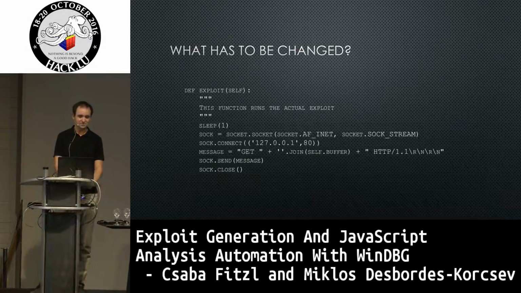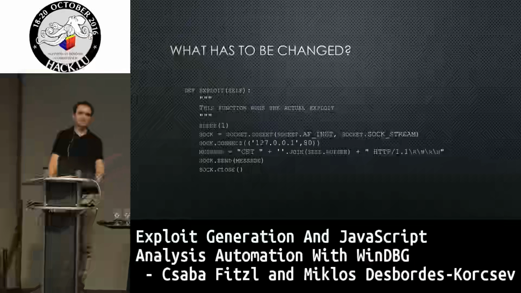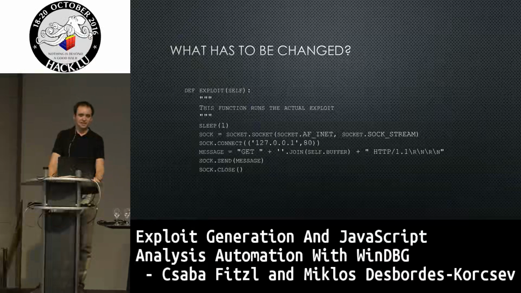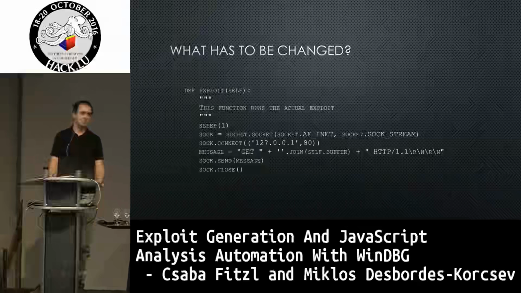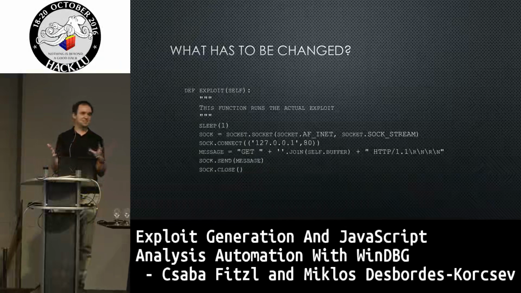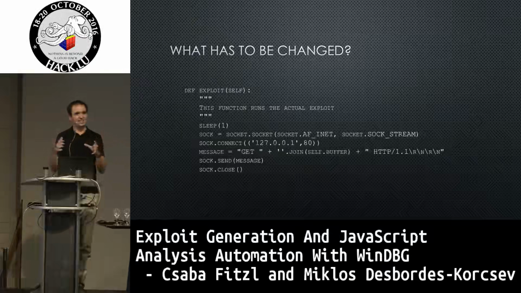And the other thing you have to do is the self.buffer. The buffer is an internal variable to the class, and it's a list of strings which are the building blocks of your buffer. So it's mainly split into 3 parts: before the EIP override, the EIP override, and after the EIP override.